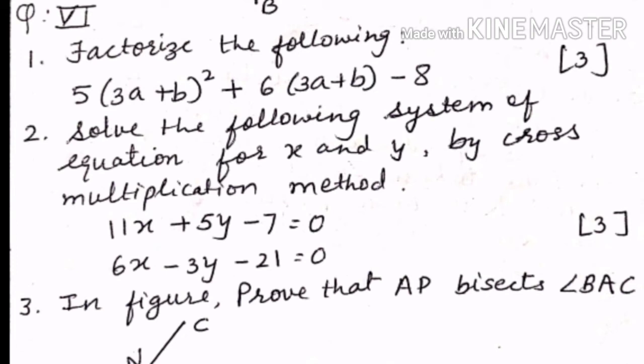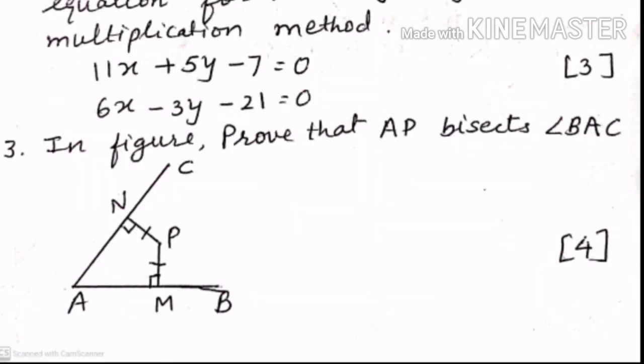Now number 3 of question 6 is, in the figure prove that AP bisects angle BAC. There is a figure already given in the question, so you can see that BAC is an angle, and there is PM perpendicular to AB and PN perpendicular to AC. So here you see that nothing is given, means you will write the given part from the figure. What are the given things? That is PN perpendicular to AC and PM perpendicular to AB, and also PN is equal to PM.